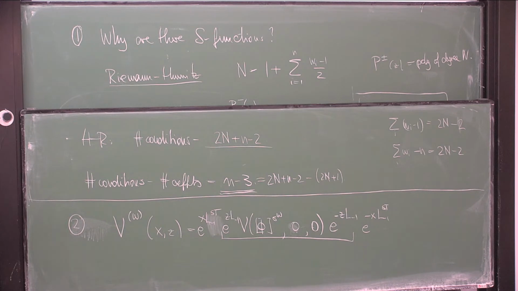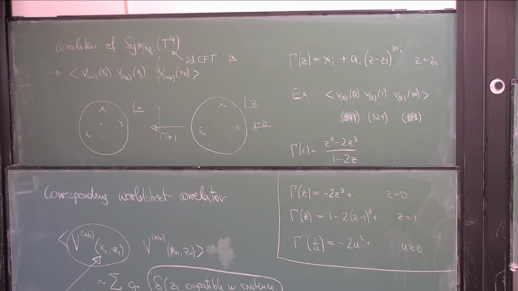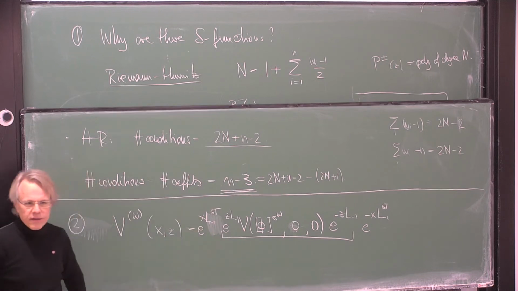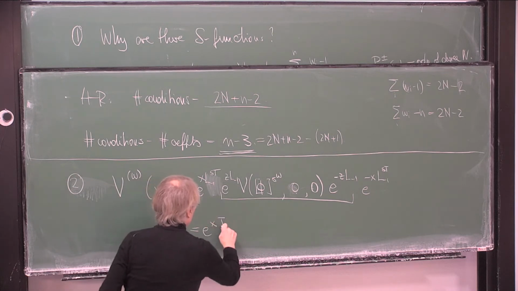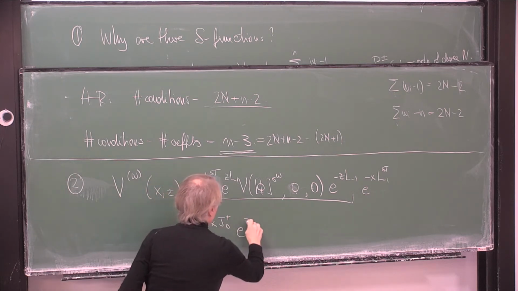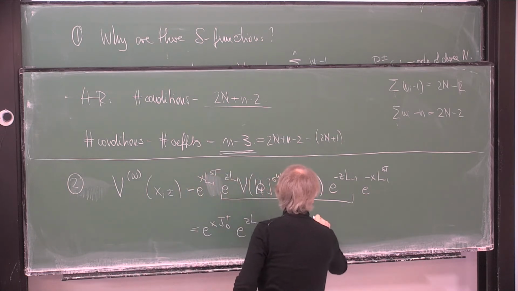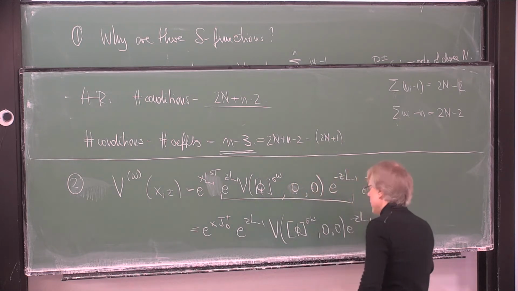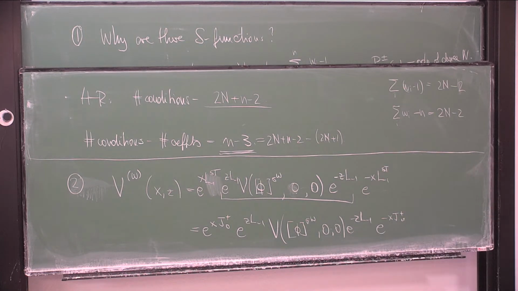With respect to the target space, you do exactly the same thing: it is translated by the translation operator with respect to the Möbius group of the target space. But the L minus 1 of the target space is j plus 0. So this is equal to e to the x j plus 0, e to the z L minus 1, V of phi of sigma of w at 0, 0, e to the minus z L minus 1, e to the minus x j plus 0. So that's how we're going to define this vertex operator.